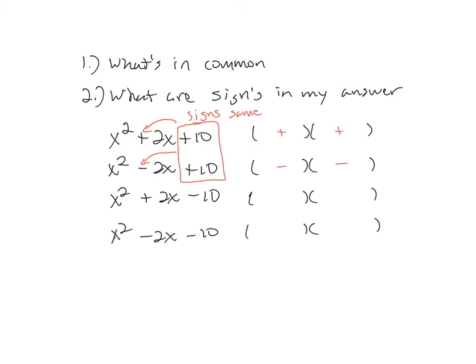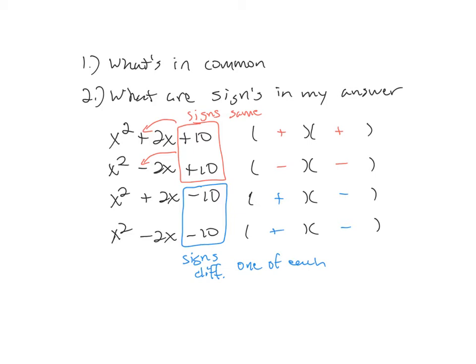Okay. If the last sign is negative, the signs are different. Or I say one of each. And it does not matter which one goes first. I always just write plus and then negative, just to be consistent.